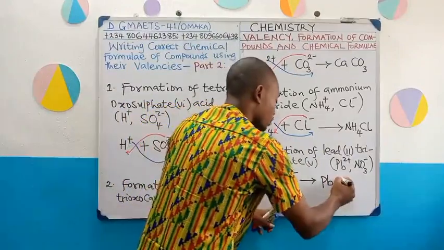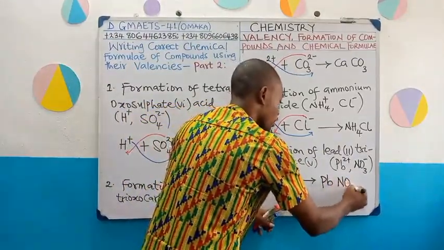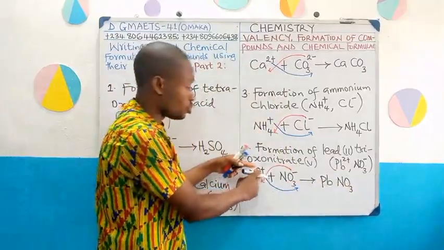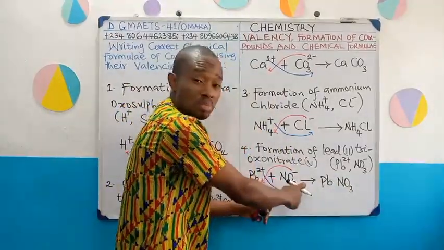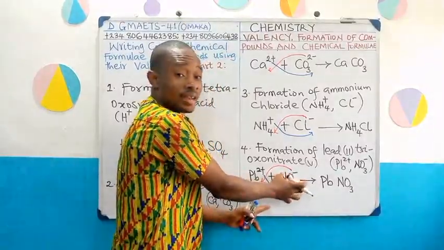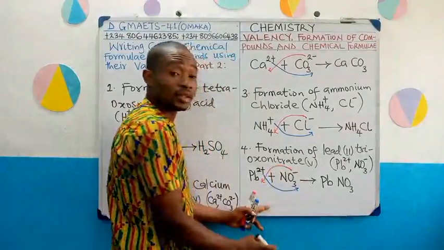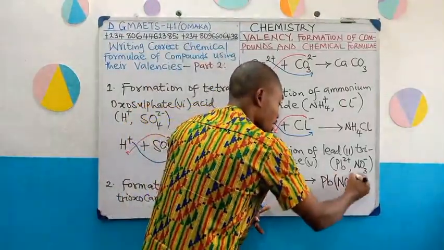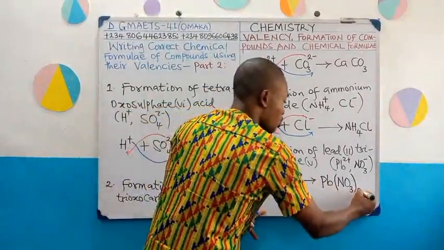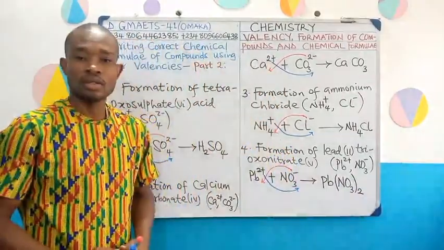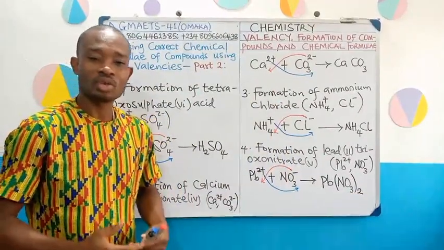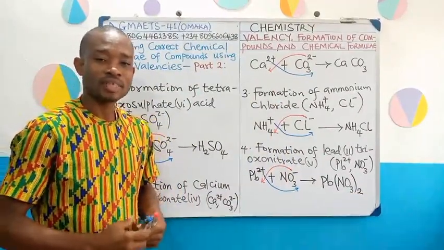Now NO3. Take note that the 2, the valency of lead, which steps down to become the atomicity of NO3 here, will be affecting both nitrogen and oxygen. It will be affecting all the elements in the radical. So you enclose it in brackets and then you put 2 outside. So this is your lead(II) trioxonitrate(V).